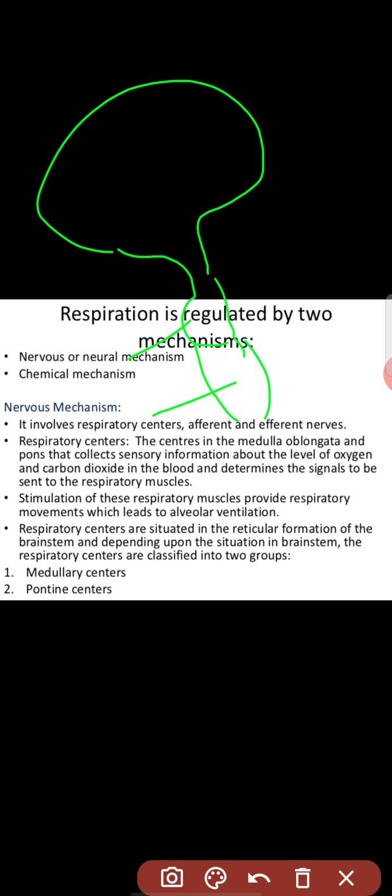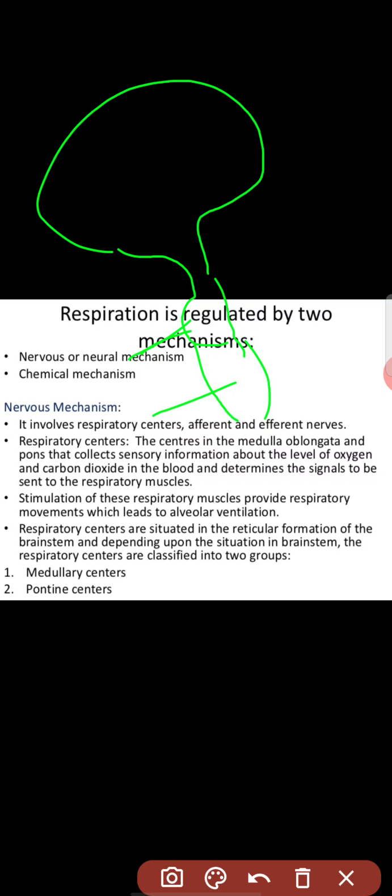The respiratory muscles, taking the information from the medulla oblongata and pons, are stimulated and perform their function for inspiration or expiration.